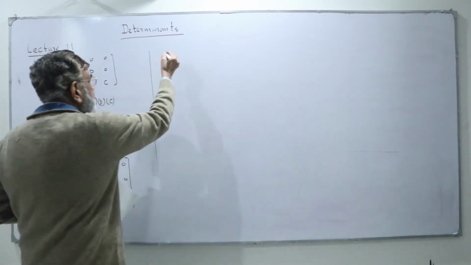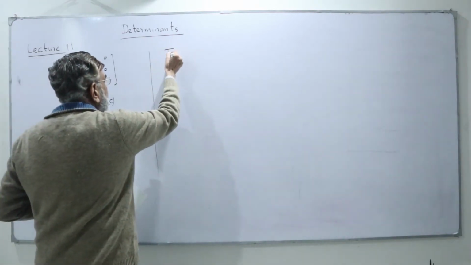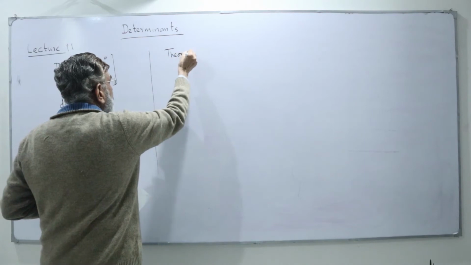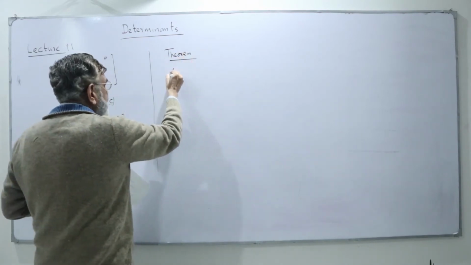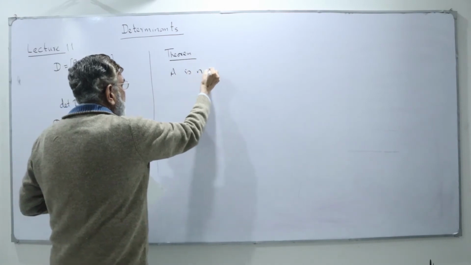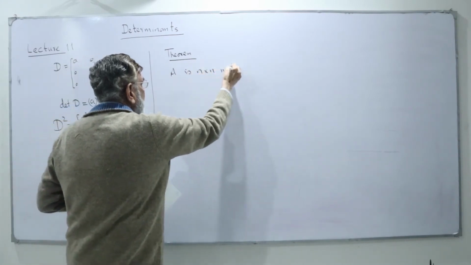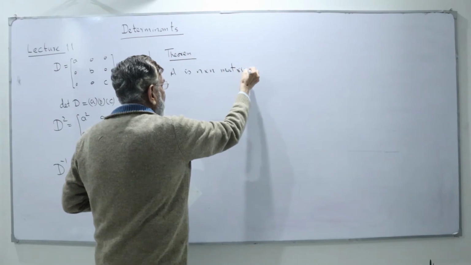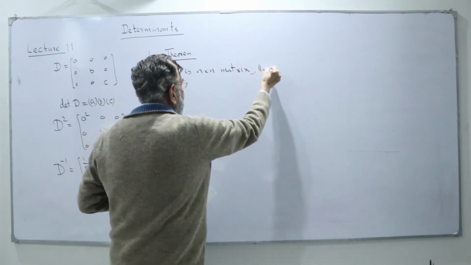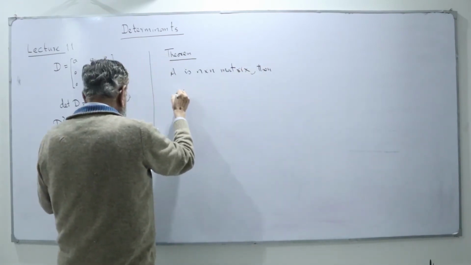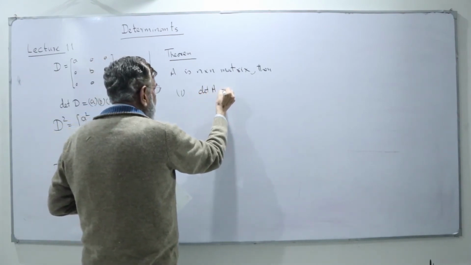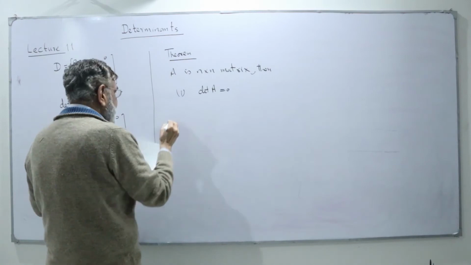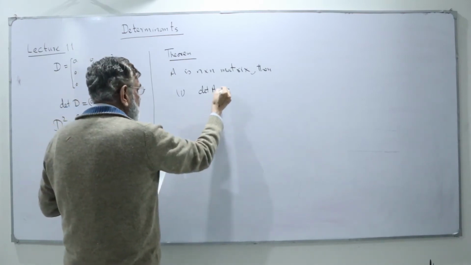We have a theorem here. If A is an n by n matrix, a square matrix of any size, then the following are equivalent. Number one, the determinant of A is not equal to 0.